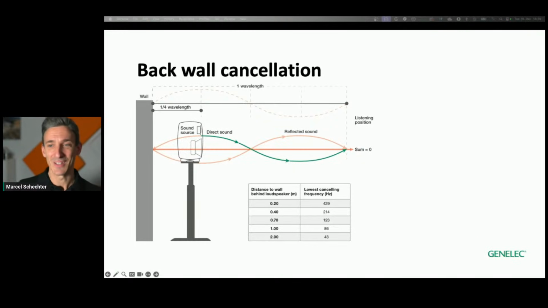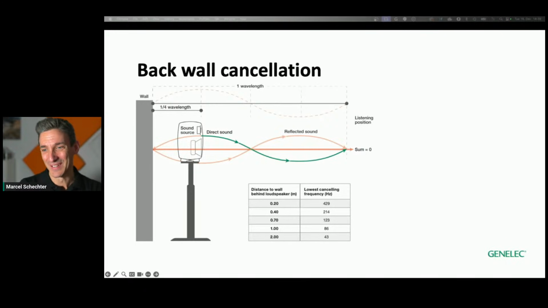This is now the only complicated thing: we have this quarter wavelength. Quarter wavelength plus quarter wavelength results in half a wavelength, and half a wavelength means complete cancellation. Not nice. And this is why you can easily calculate which frequency is killed by which distance.